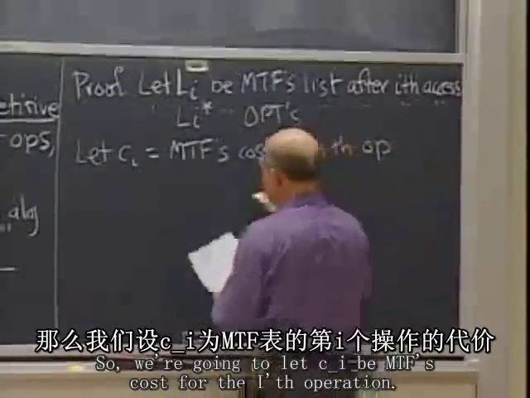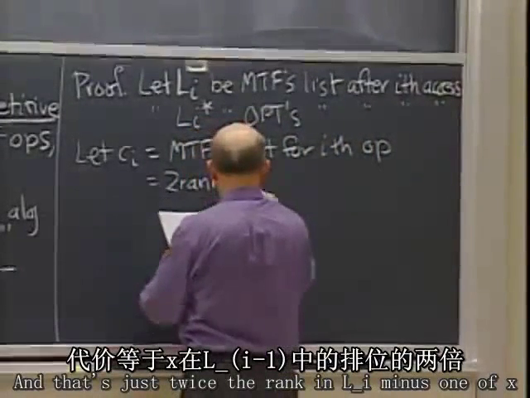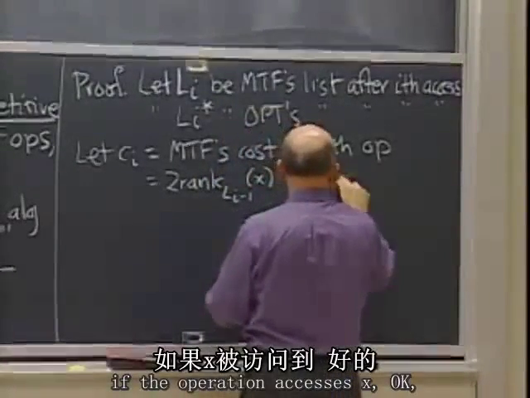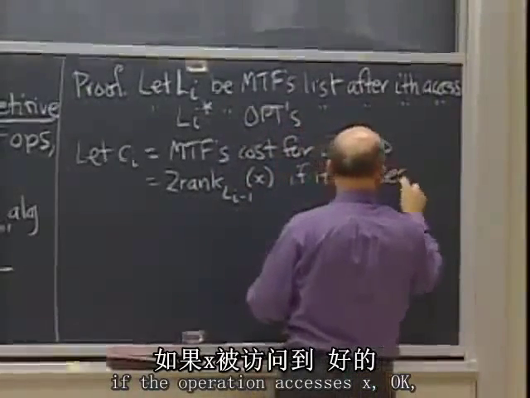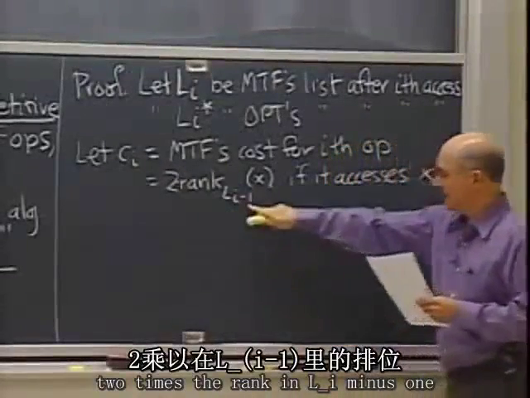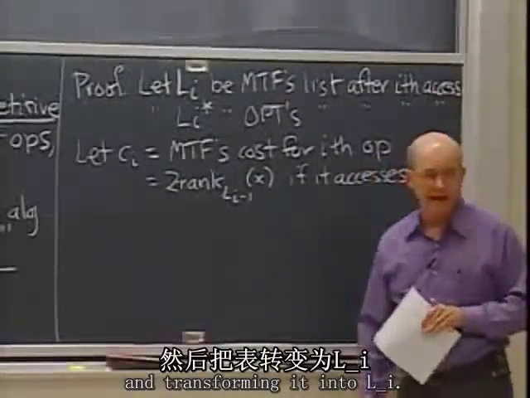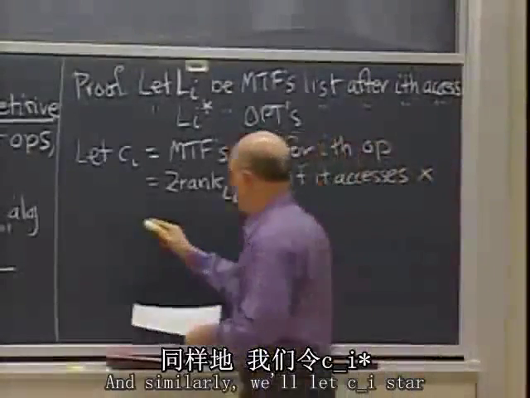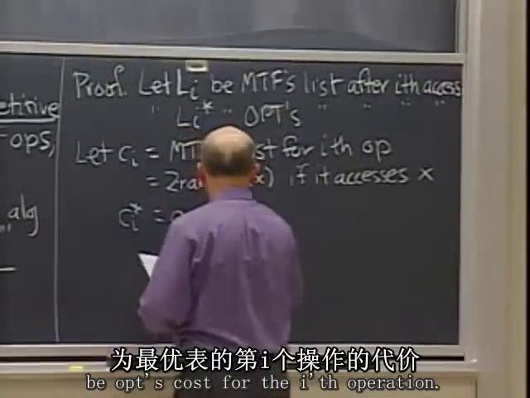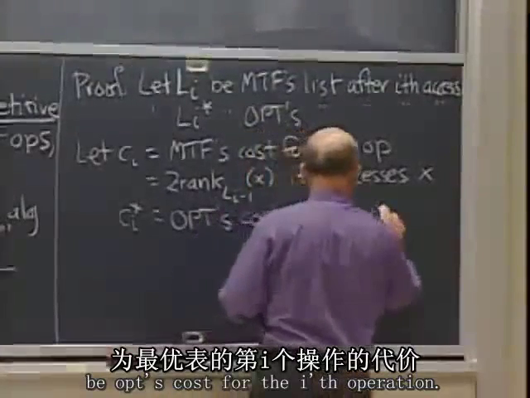operation. And that's just twice the rank in L sub i minus 1 of x if the operation accesses x. Okay, 2 times the rank in L sub i minus 1, because we're going to be accessing it in L sub i minus 1 and transforming it into L sub i. And similarly, we'll let C sub i star be OPT's cost for the ith operation.